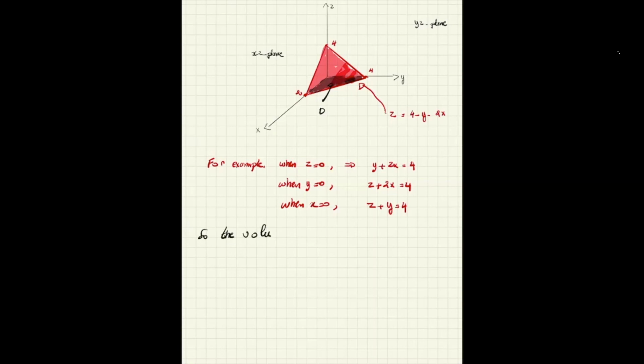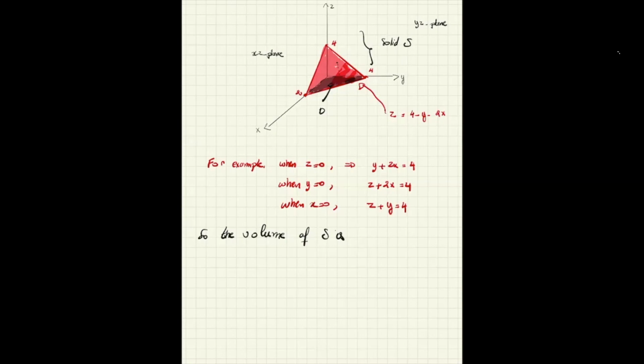And this is the solid S. So the volume of S is what? Because that's the point. Above each point, there is a z equal to 4 minus y minus 2x.